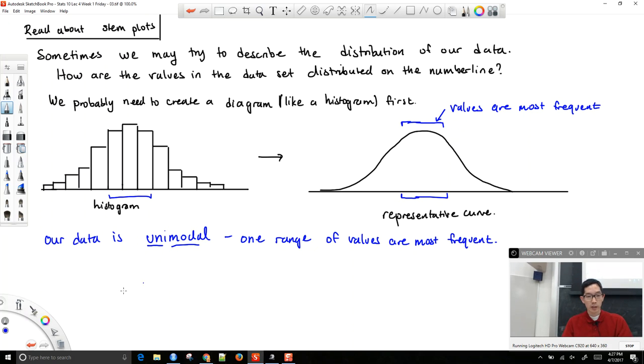And then we would also say the data is symmetric. The idea being that we have some high values, this would be the areas out here, this is considered the tail. And this down here is also the tail.